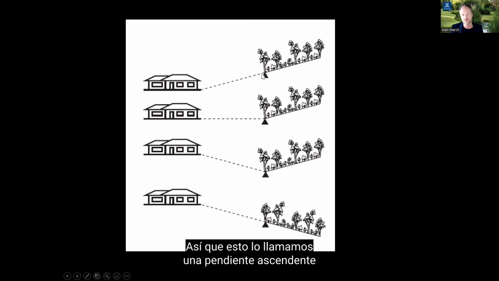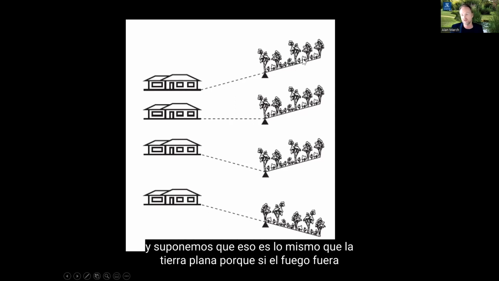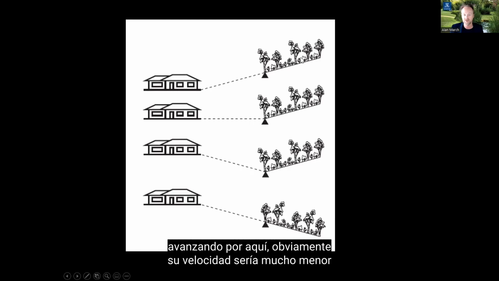So we call that an upslope, and we assume that that is the same as flat land, because if the fire were advancing down here, obviously its speed would be much less because it's going in a downwards direction towards the structure.